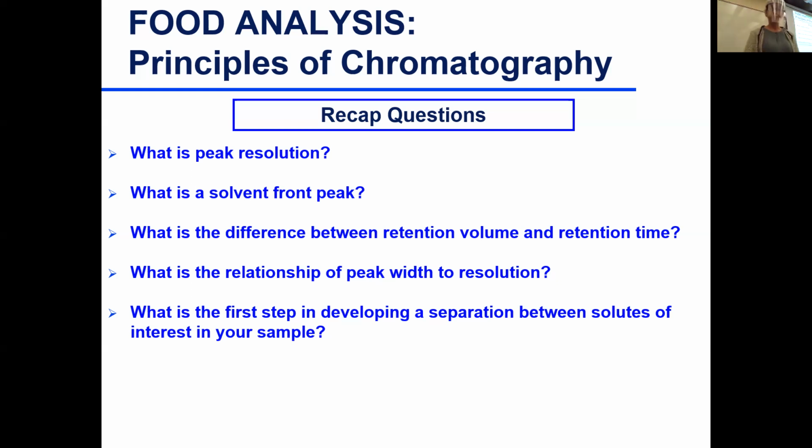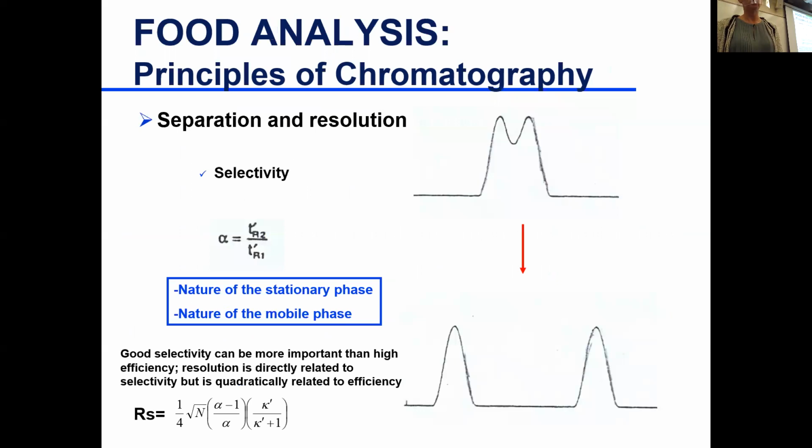Okay, we talked about efficiency of the column last time. So I'm going to move along to talk about selectivity of the column. You might have this image reversed in your slides, but the selectivity of the column is about when you have two compounds that are very similar in characteristics.